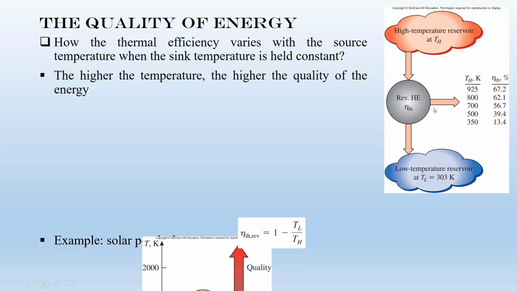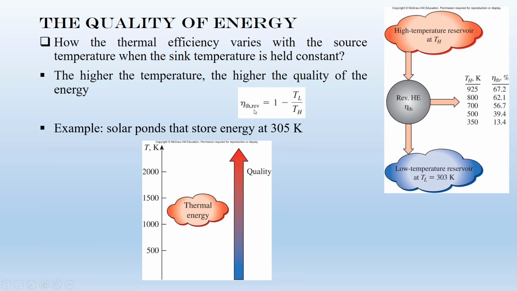Based on the definition for the thermal efficiency of a reversible process, if the TH increases, this term decreases, correct? So meaning that the total thermal efficiency, or this part, increases. So if you increase the temperature of the source, the thermal efficiency of the reversible heat engine increases.